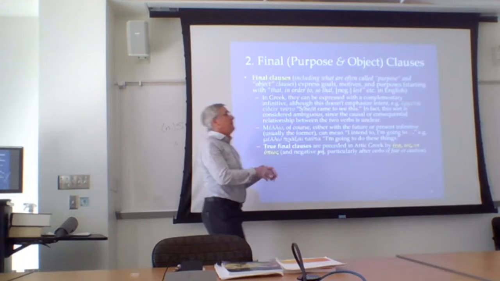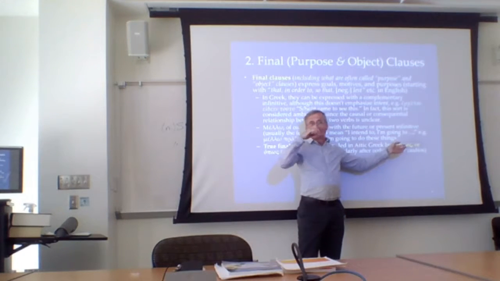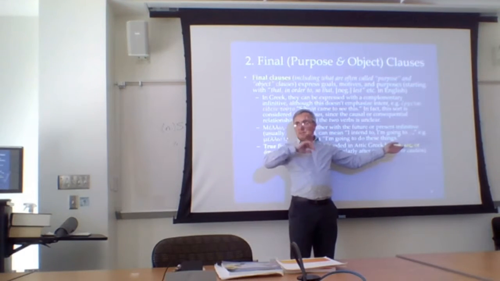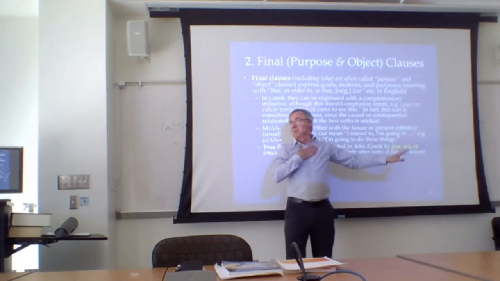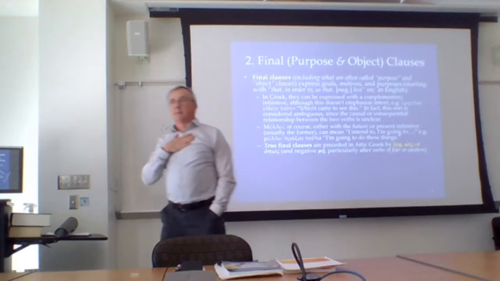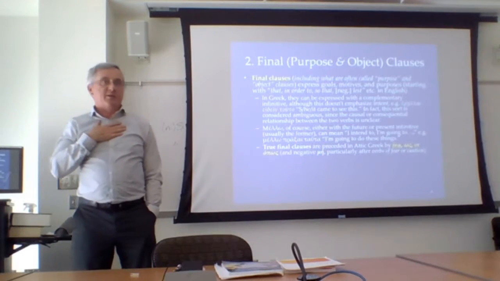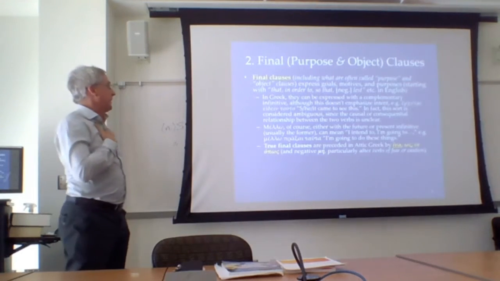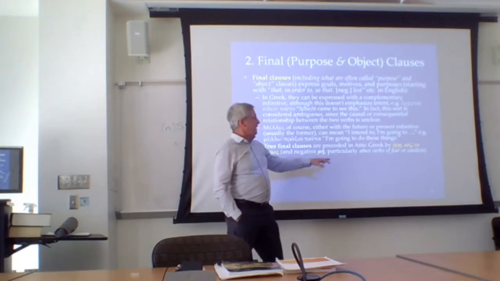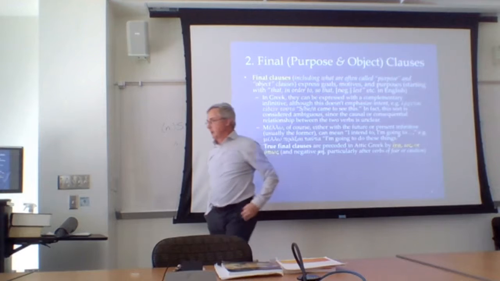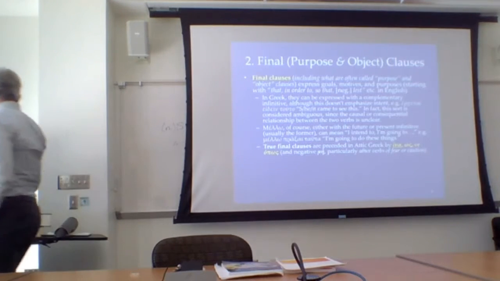So this hina, since there are several people in here who either know modern Greek or will be expressing themselves in modern Greek soon, gives us na in modern Greek, which is indispensable for expressing any sort of subordinate clause in Greek today. And the negative of this is me, particularly after verbs of fear or caution in object clauses.